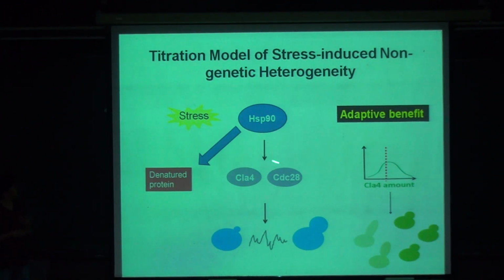And because of those effects we already showed, when they don't have enough Hsp90 to work on those key regulators, the protein level will drop. So the cell will become heterogeneous. This part we already showed previously. So now the second part we have to show is whether the stress really can cause the whole thing to happen in the way we just proposed.